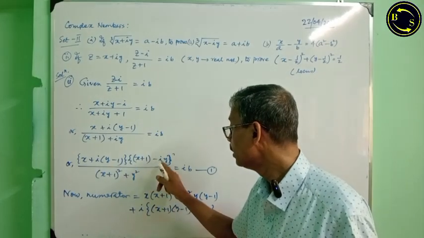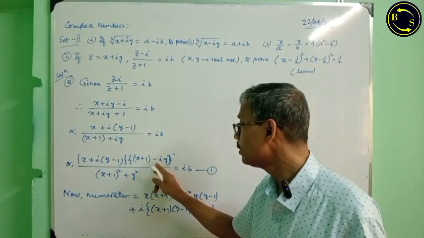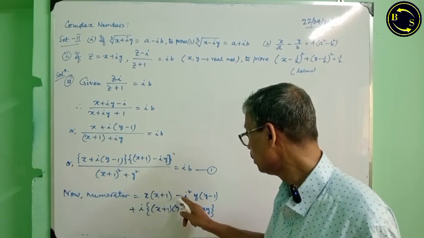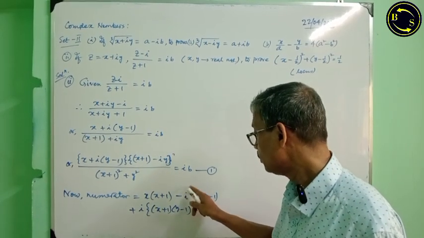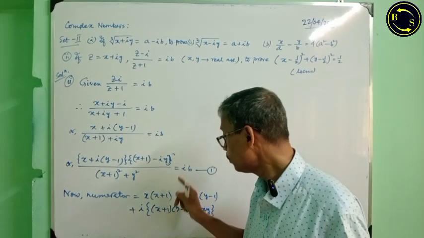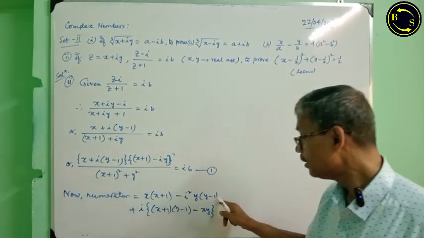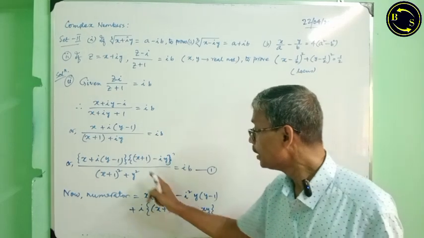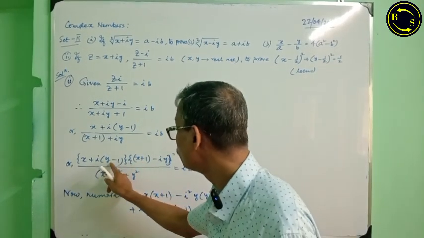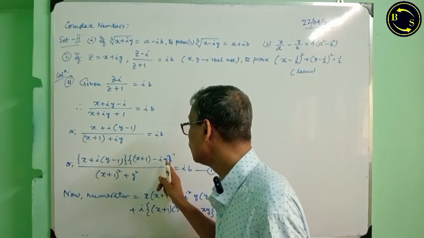That will be minus i square into y into y minus 1. This one, there is i square, therefore that is minus 1. Therefore, we have written keeping that in mind. Then the imaginary part, i into these two, then these two.